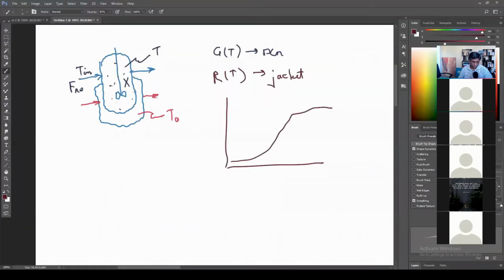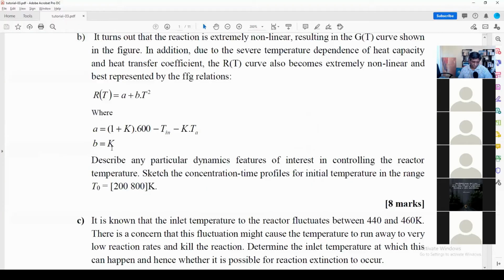So we might have some kind of heating that doesn't behave according to the traditional heat transfer media. And whatever that is, it's eventually turned out that R of T actually looks something like this. And just from the form of this equation, it's a quadratic in the temperature. You can see other temperature variables here, but these we consider to be, in a way, constant.